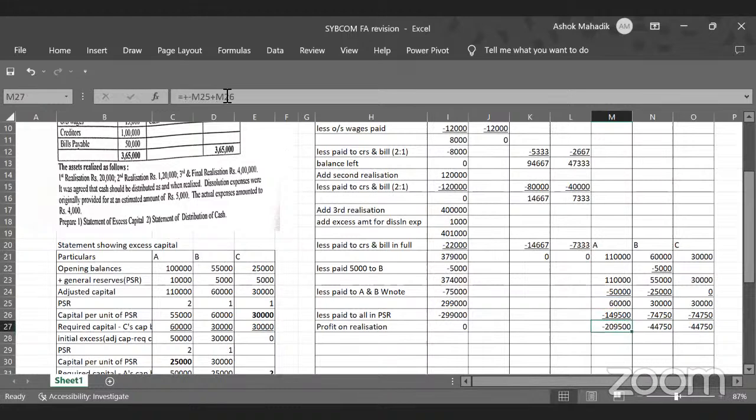I'll add a new formula so that we have a positive figure. 149,500 minus 60,000. 74,750 minus 30,000.